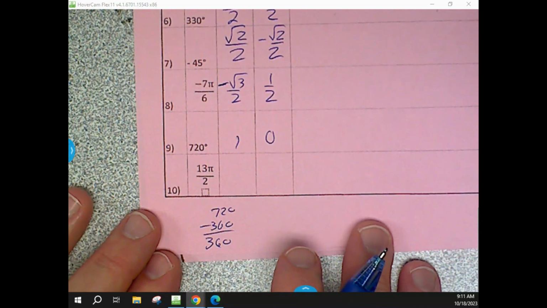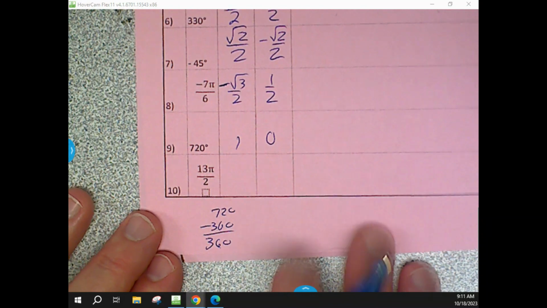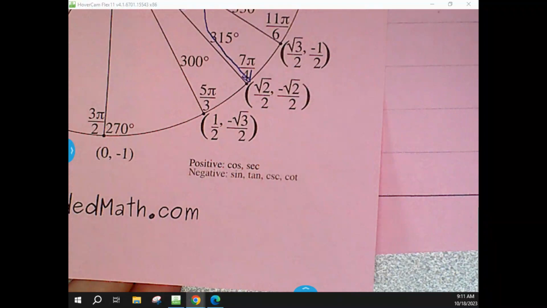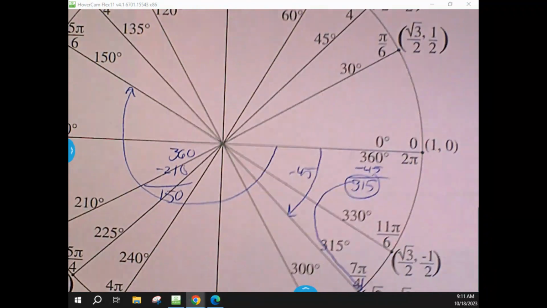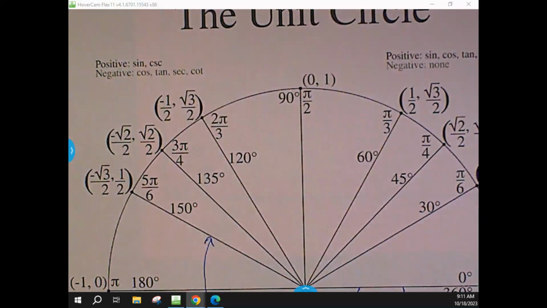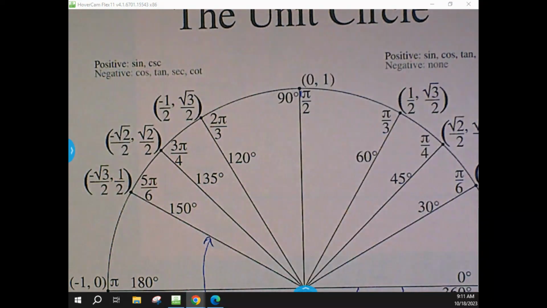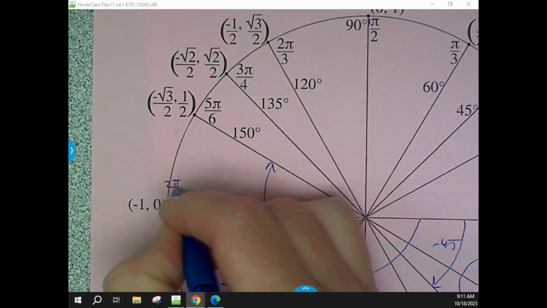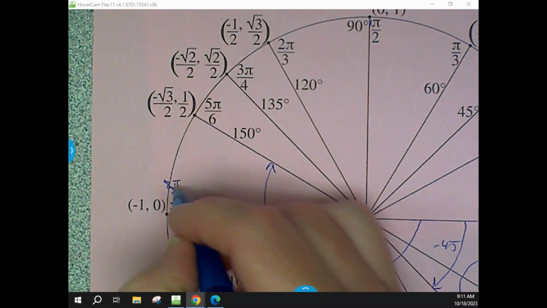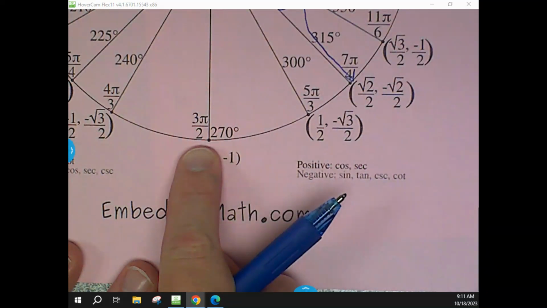All right, and then our last one, 13 pi over 2. And you're like, okay, there is no 13 pi over 2 anywhere on the sheet, right? So this is where you've got a couple options. This would be 1 pi over 2. If you get to pi, that would be 2 pi over 2, and then the 2's would cancel, just give you pi. This is 3 pi over 2.